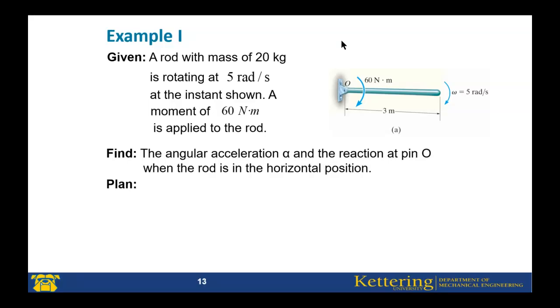Now there's a rod. The mass is given as 20 kilograms. It is rotating with an angular velocity of 5 radians per second. This moment is applied at this point. This is the external moment, 60 Newton meters.